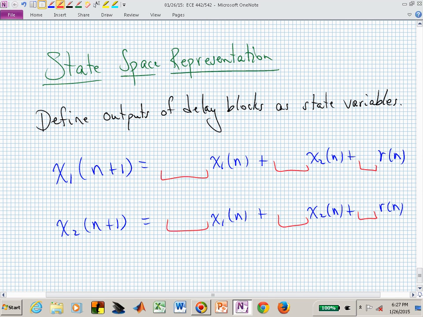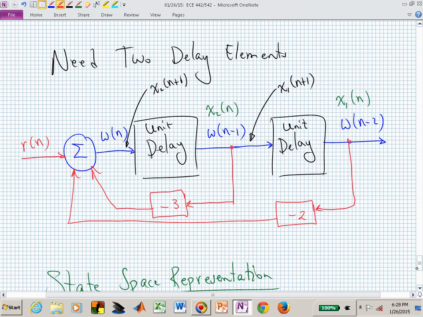Can I express x sub 1 of n plus 1 in terms of this linear combination of states at the present time n and input at the present time? What does x sub 1 of n plus 1 actually equal? From the block diagram, it's exactly the same thing as x sub 2 of n.